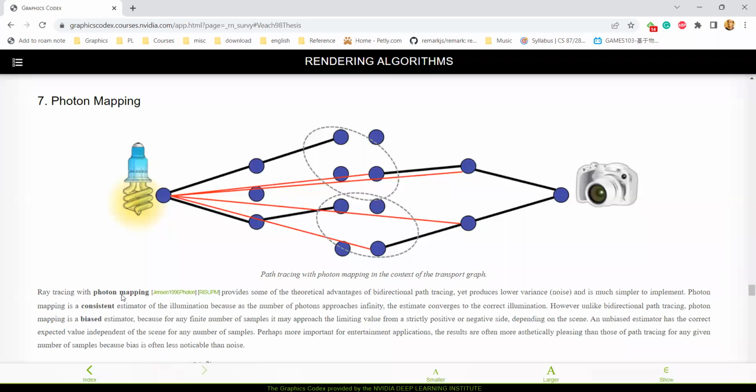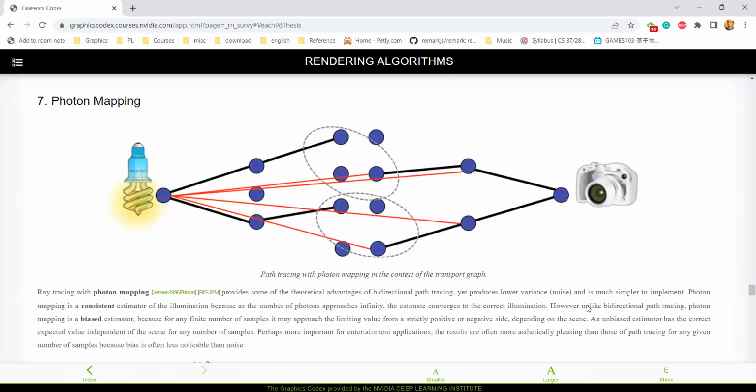Ray tracing with photon mapping provides some of the theoretical advantage of bidirectional path tracing, yet produces lower variance and is much simpler to implement. Photon mapping is a consistent estimator of the illumination because as the number of photons approaches infinity, the estimate converges to the correct illumination.